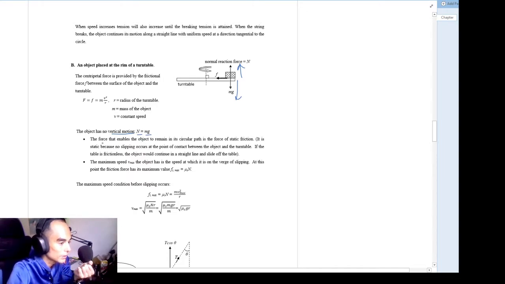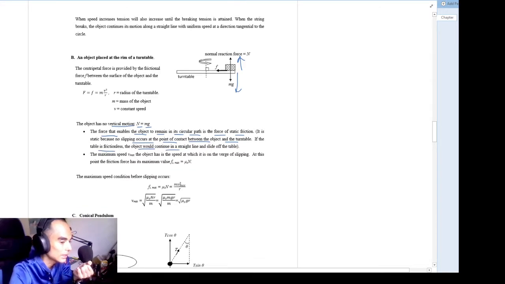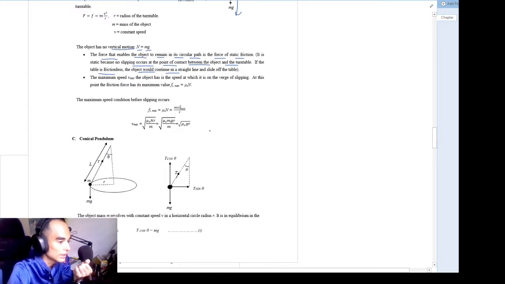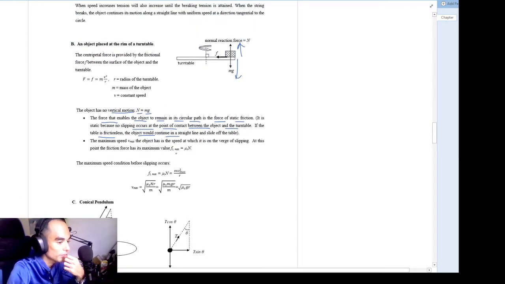The force that enables the object to remain in a circular path is the force of static friction. This is static because no slipping occurs at the point of contact between the object and the turntable. Without friction, the object will continue in a straight line and slide off the table. So the condition is F max equals mu N.